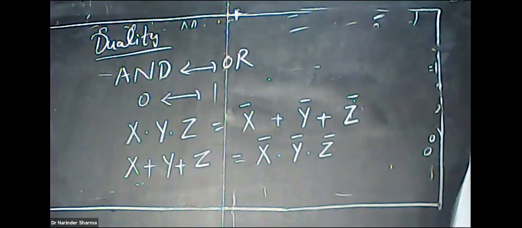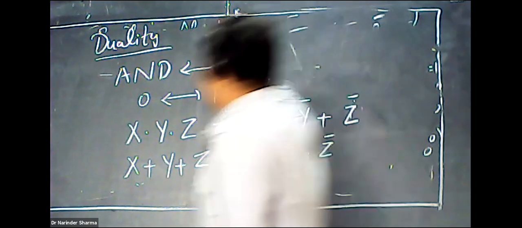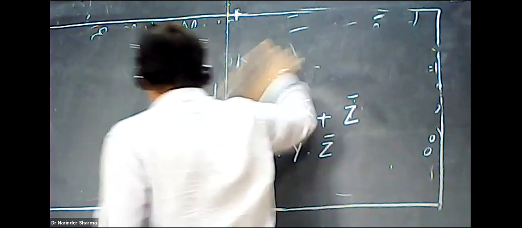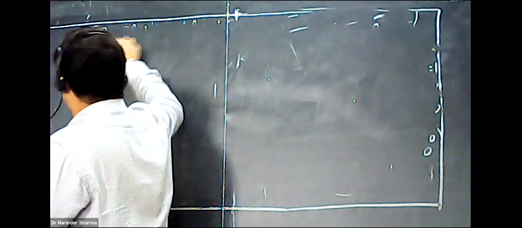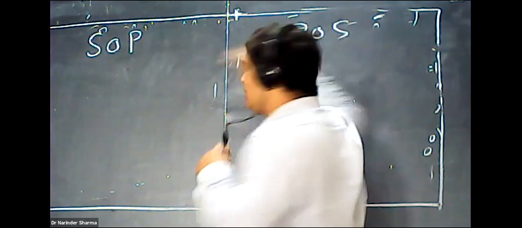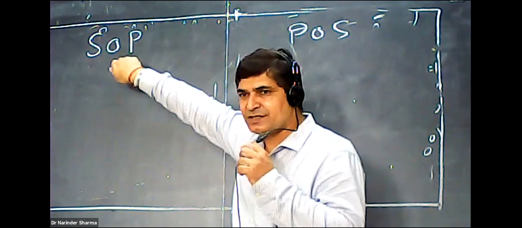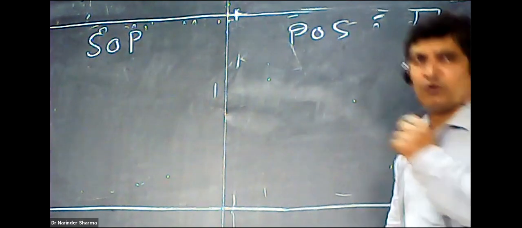Boolean expressions can be defined in standard forms, that is SOP and POS form. What is SOP? It stands for sum of products, and POS is product of sums. What exactly does it stand for?